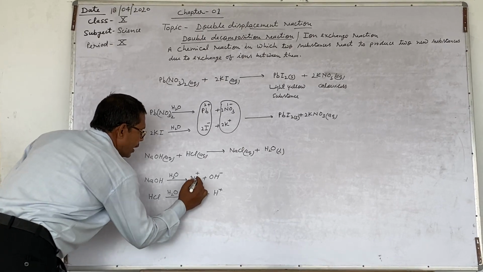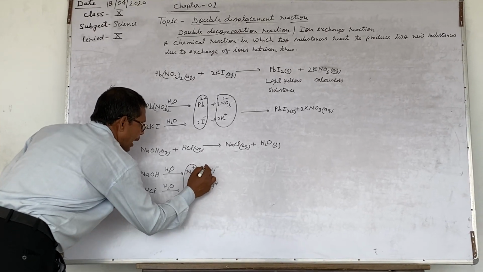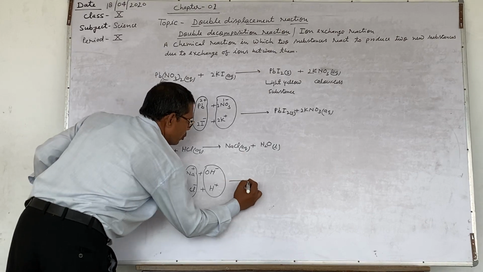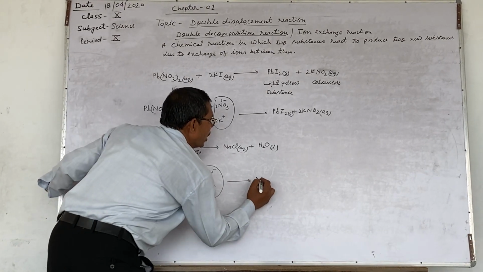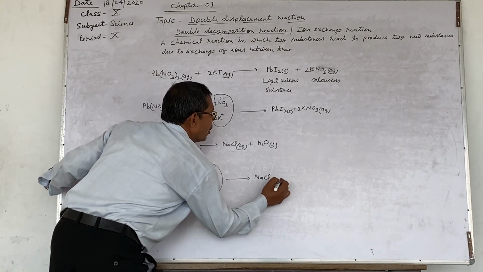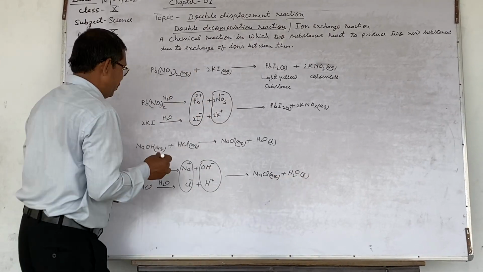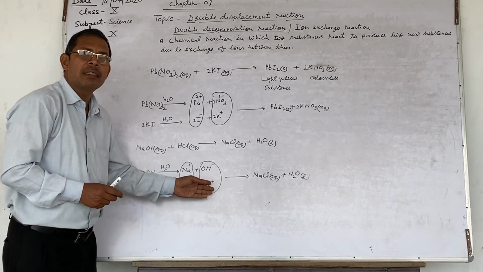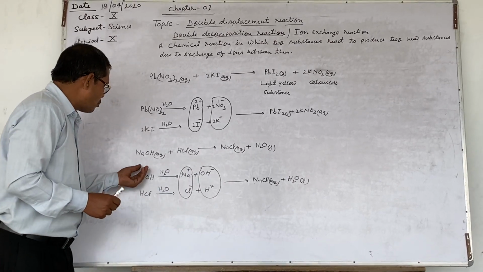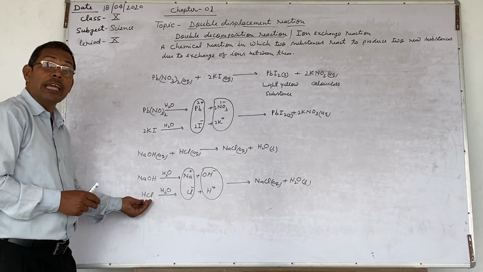In this way, they combine like this to produce sodium chloride aqueous plus water liquid. Compare them. Here also exchange of ion takes place between sodium hydroxide and hydrochloric acid.